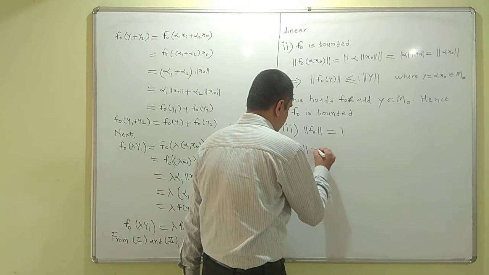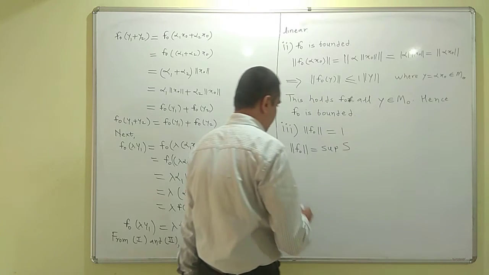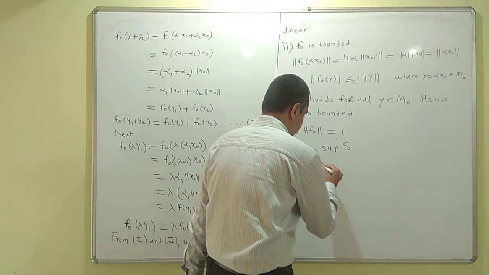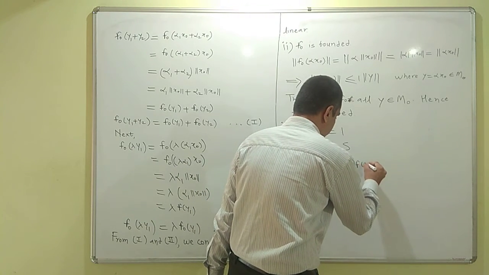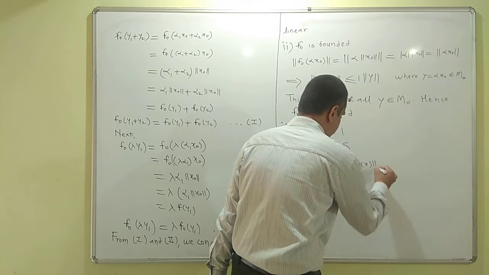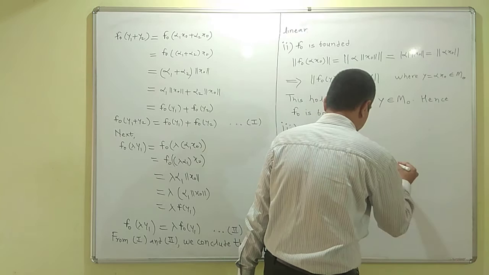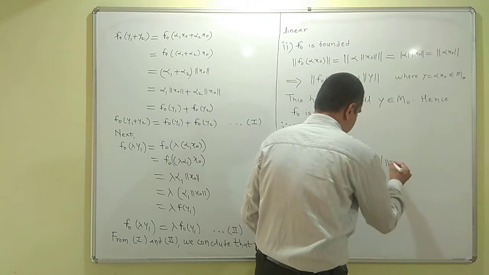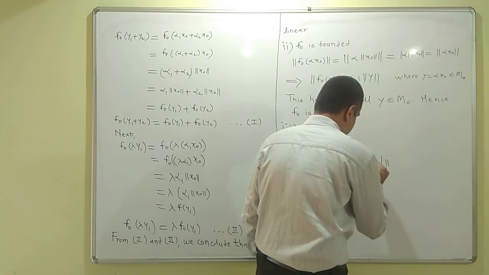It is equal to the supremum of the set S, where S consists of norm of f0 y, where norm of y is less than or equal to 1. To avoid confusion, I may take y here.